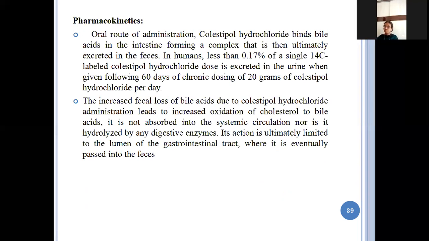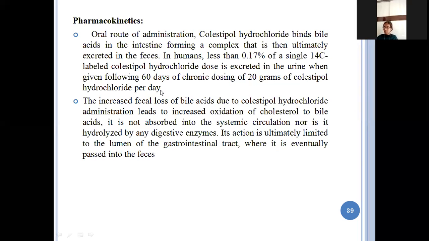So in humans, less than 0.17% of a single dose is excreted in urine following 60 days of chronic dosing of 20 grams of Colestipol hydrochloride per day.